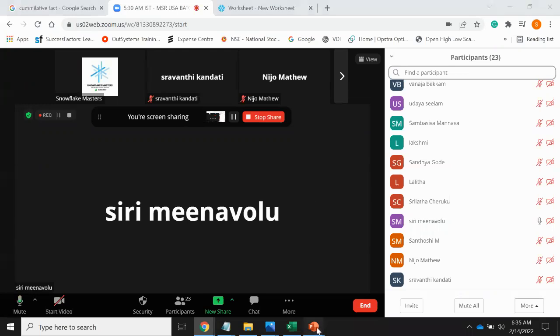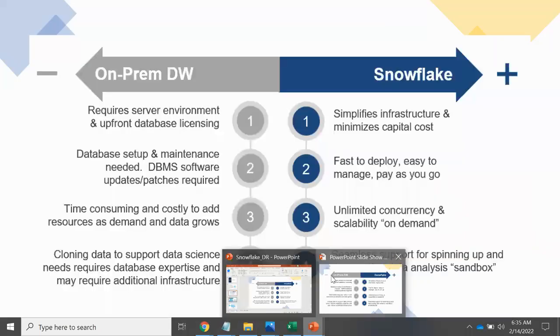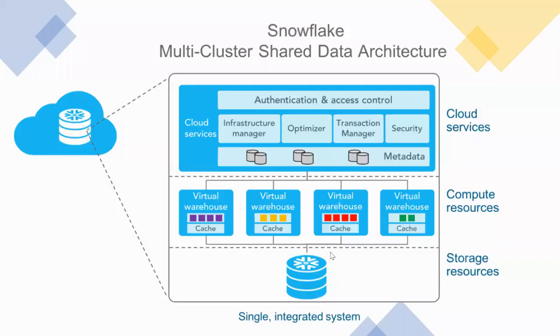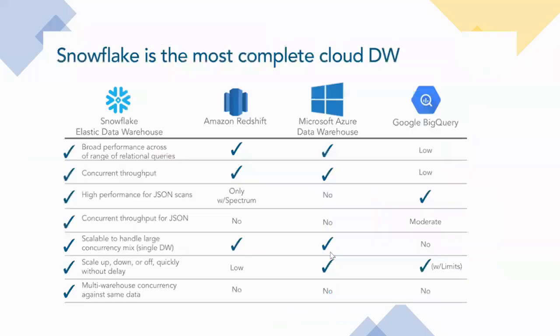In the next session we will discuss that. I will show you here, there is a comparison between Amazon Redshift, Azure, and GCP. Why do we need to go for Snowflake instead of these cloud providers? They have given so many inbuilt capabilities in Snowflake. At the same time, the price is very reasonable when compared to the others.